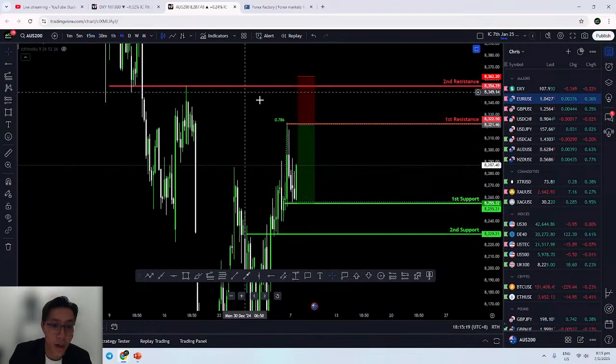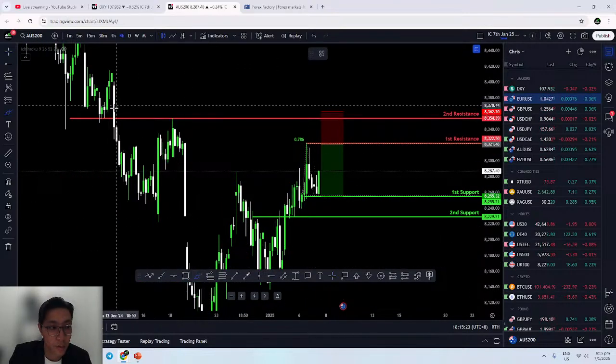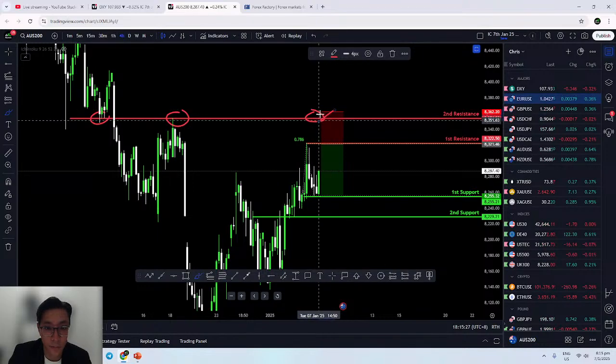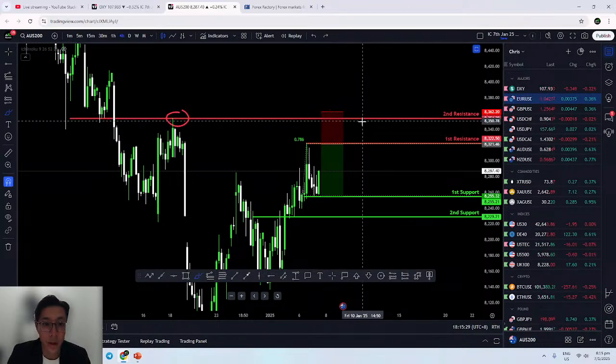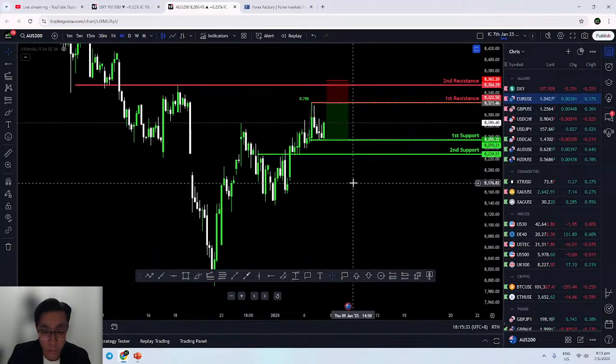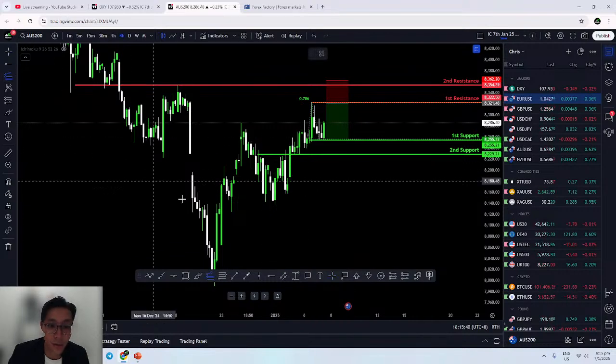There is a way better H4 level for sells, which is this level here. The issue is that we don't really have an extension level, and I realized this pair loves to react to extension levels.